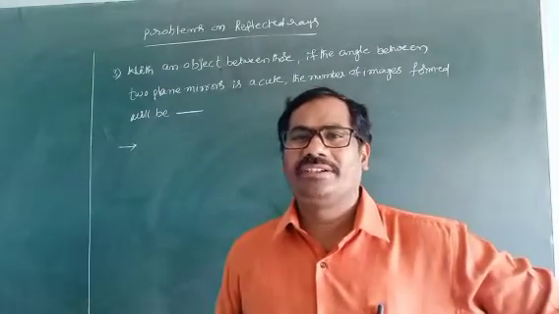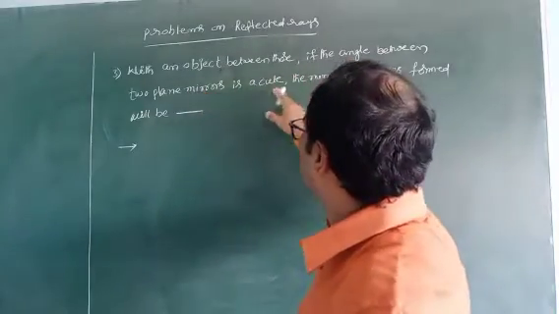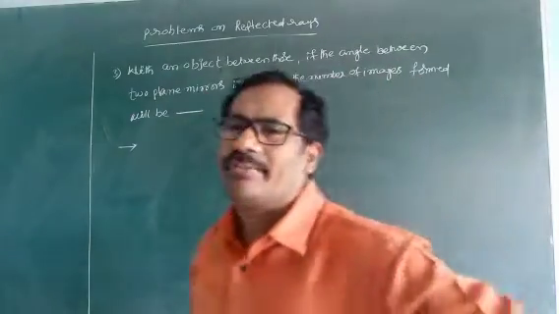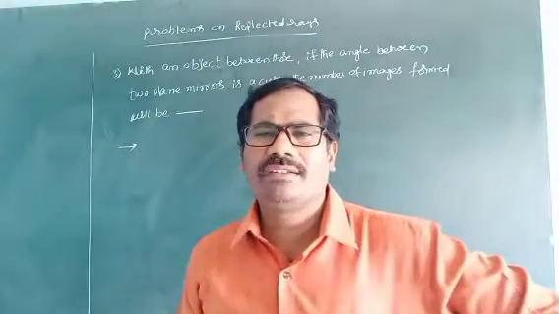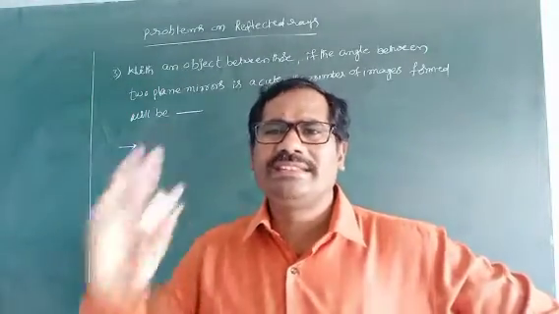How many images are formed when two plane mirrors are arranged at an angle? In the first case, the two plane mirrors are arranged at 90 degrees.